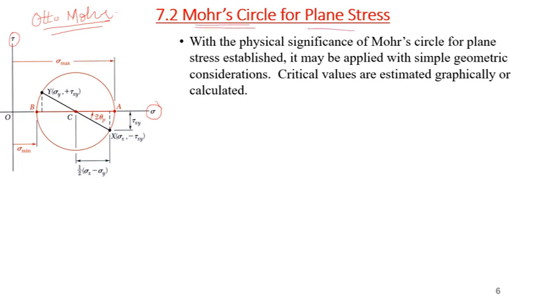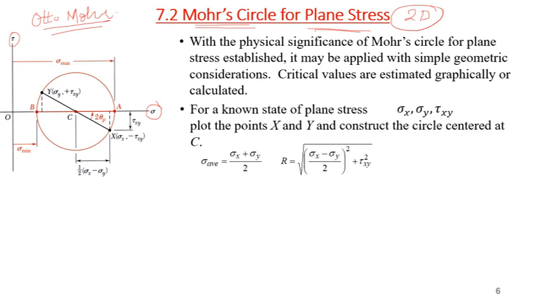Right now we are considering the plane stress case, or you can say the 2D case. For plane stress, the Mohr circle gives you simple geometric consideration to get the critical values, such as maximum shear stress and principal stresses, graphically or by calculating with the circle.